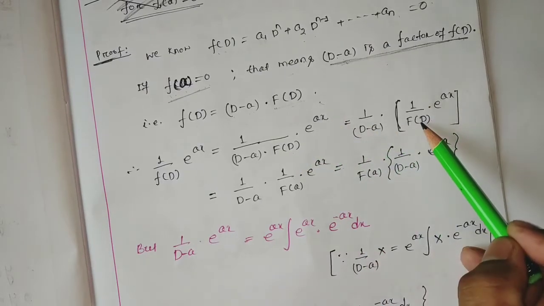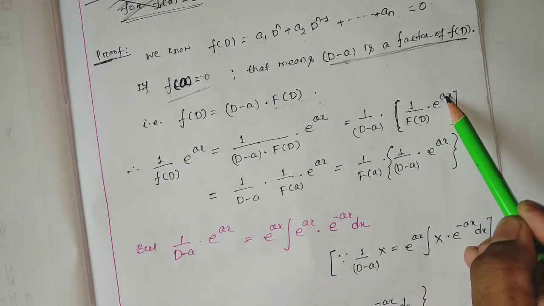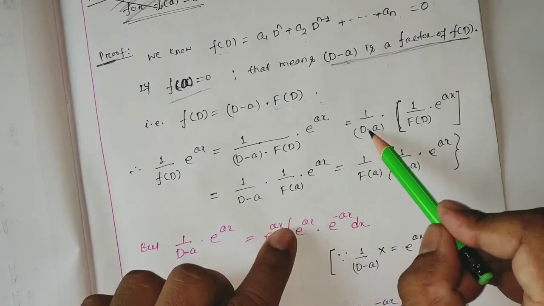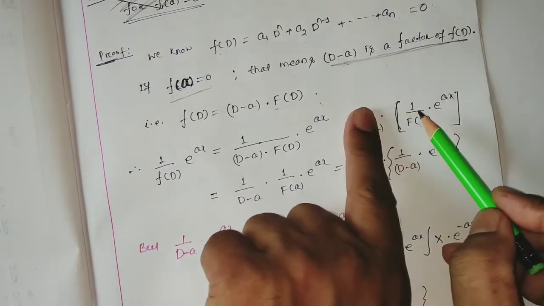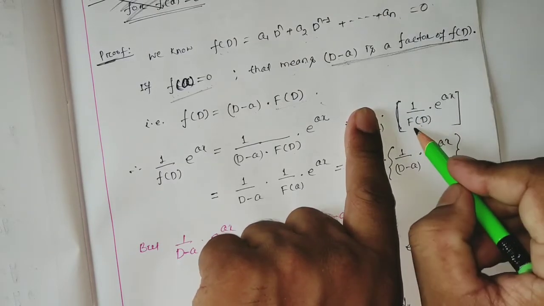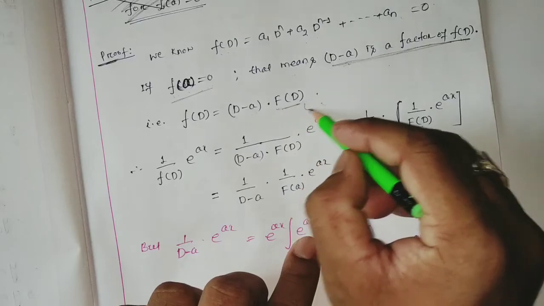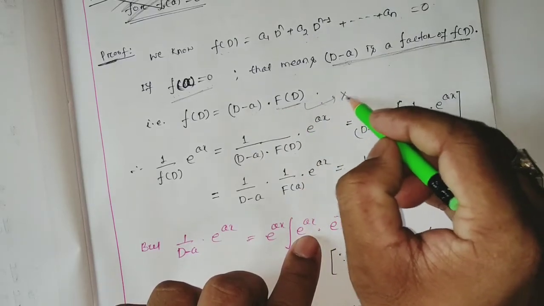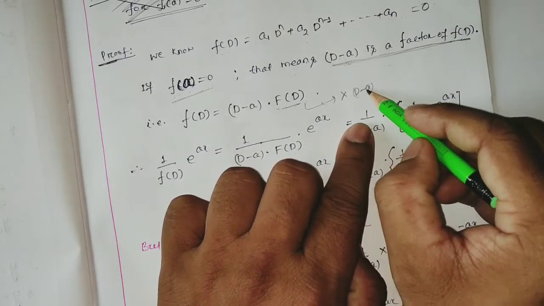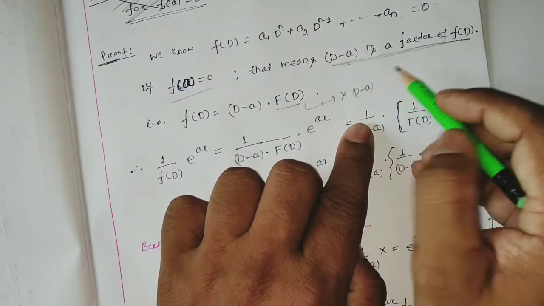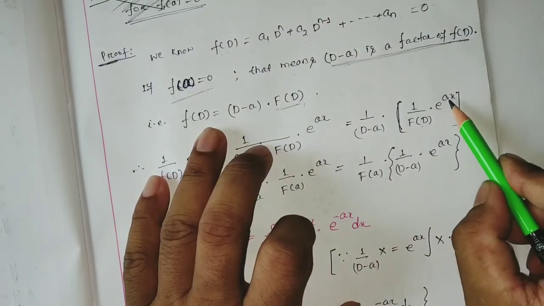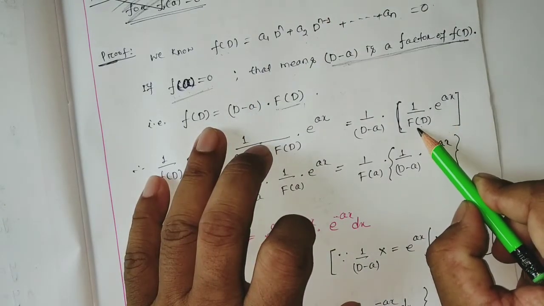Here, as I told, D minus a is one factor that has been taken outside, and this factor does not contain D minus a. See, this F of D does not contain D minus a. So if I put a instead of D, then I am not going to get 0. So e to the power x can easily be operated for F of D, right?